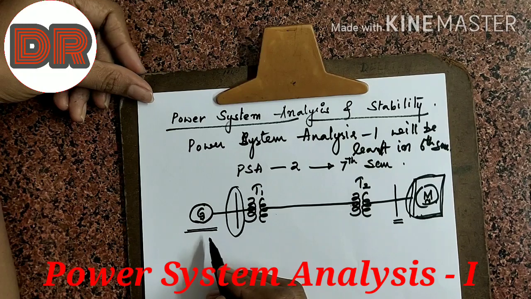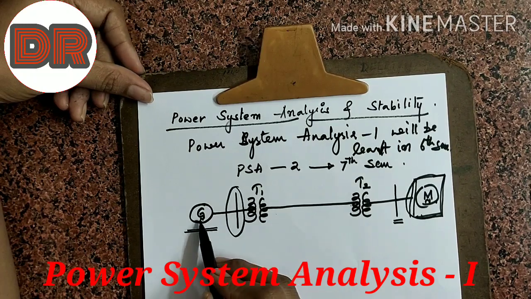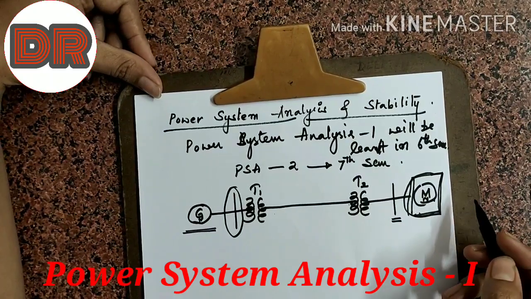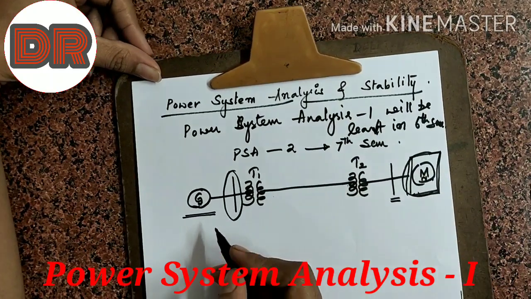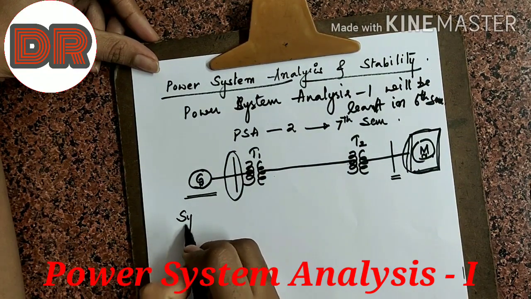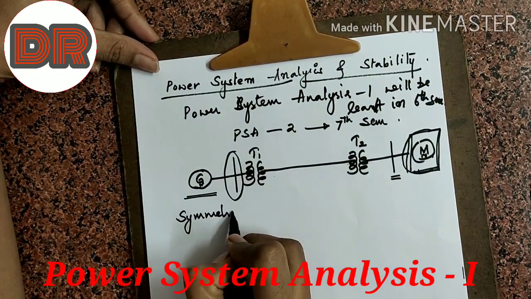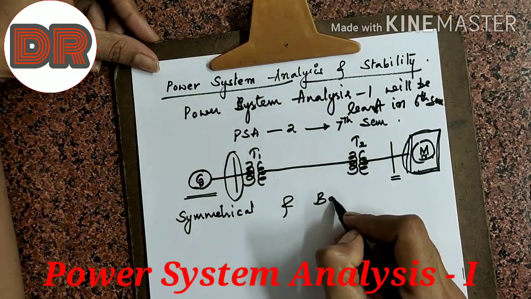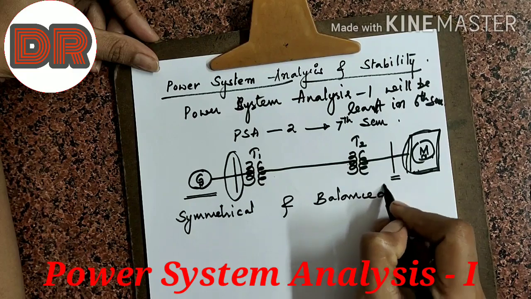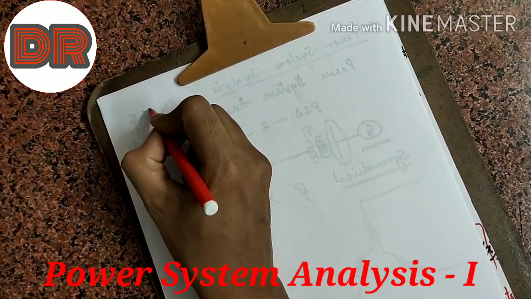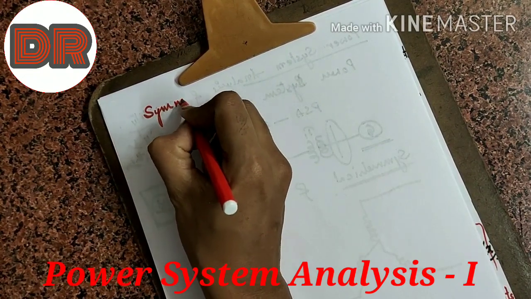Now before we understand what are the symbols used in the representation of a power system network, we are going to study two very important terms. There is the definition of symmetrical and balanced network. Let us see what is a symmetrical network.